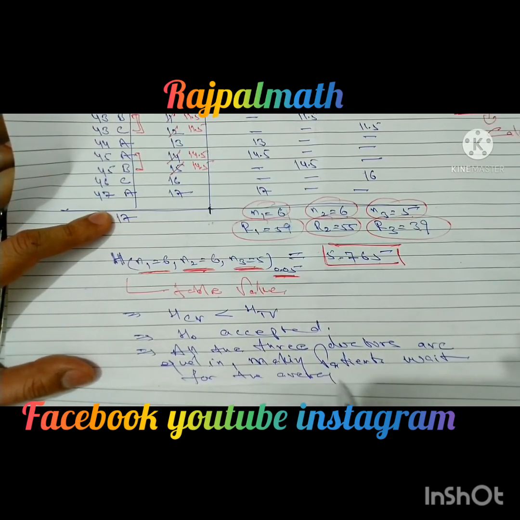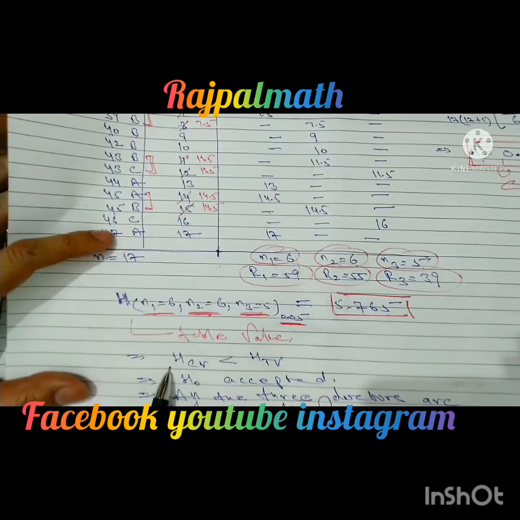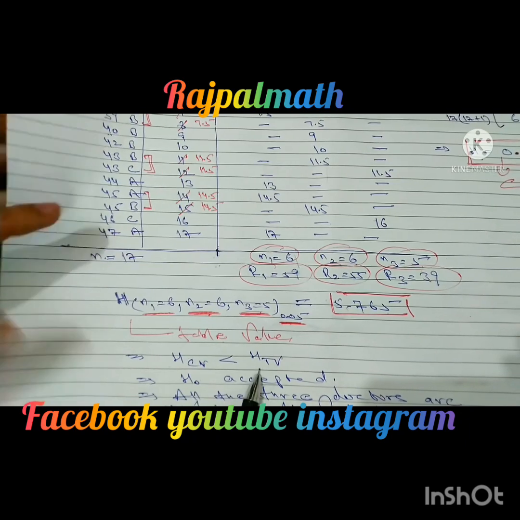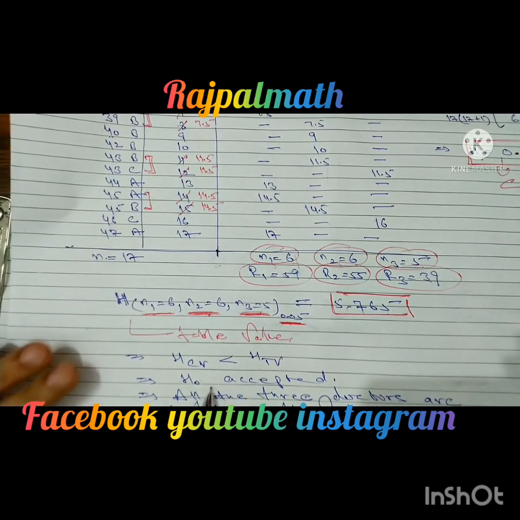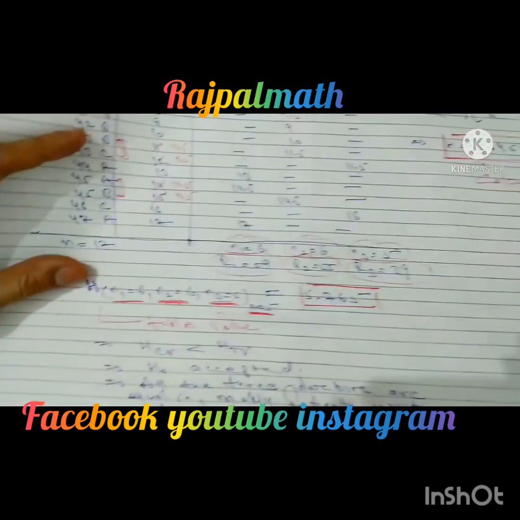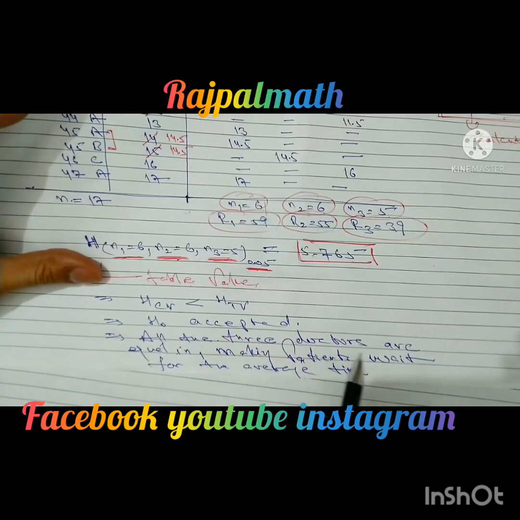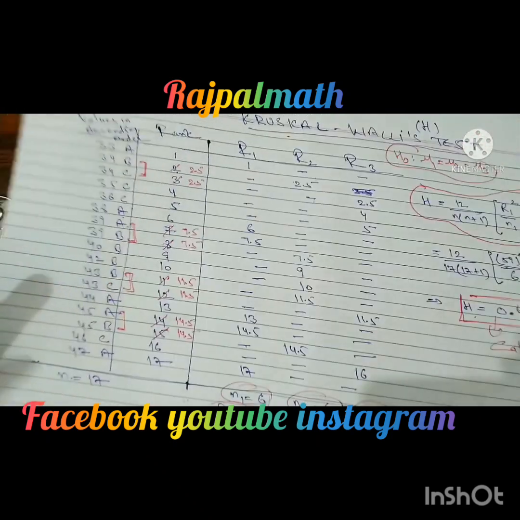H naught is accepted, meaning the medians of all three groups are equal. Therefore, all three doctors are equal in making patients wait for the average time.